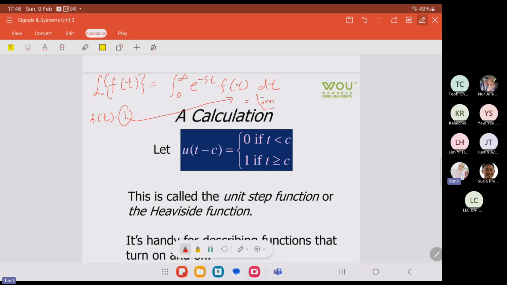We want to set h to infinity. From 0 to infinity, e to the minus st, f(t) is equal to 1, so we have the dt.